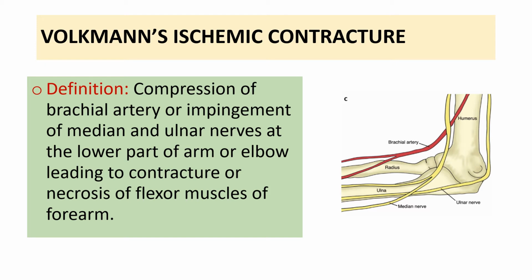So this results from compression of the brachial artery and impingement of median and ulnar nerves at the lower part of arm or elbow, especially the brachial artery and median nerve, which, as all of you know, are underneath the bicipital aponeurosis, and they are also closely related to the lower end of the humerus.